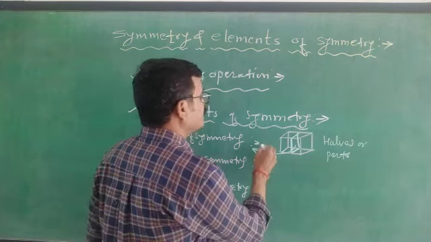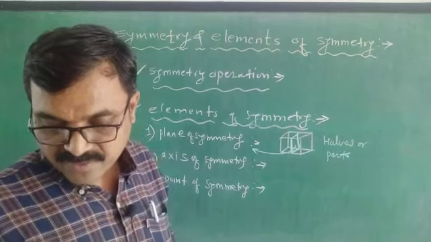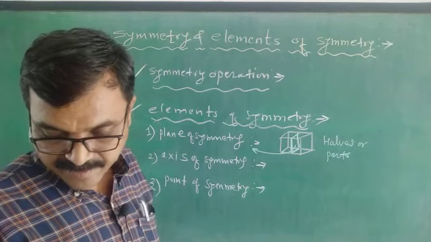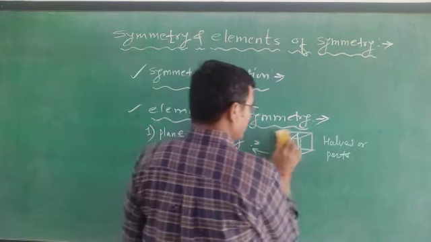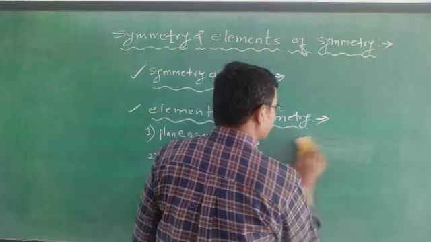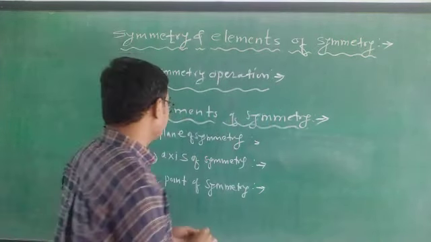Now this plane of symmetry may be of two types. First one is a rectangular plane of symmetry. Second one is diagonal plane of symmetry.